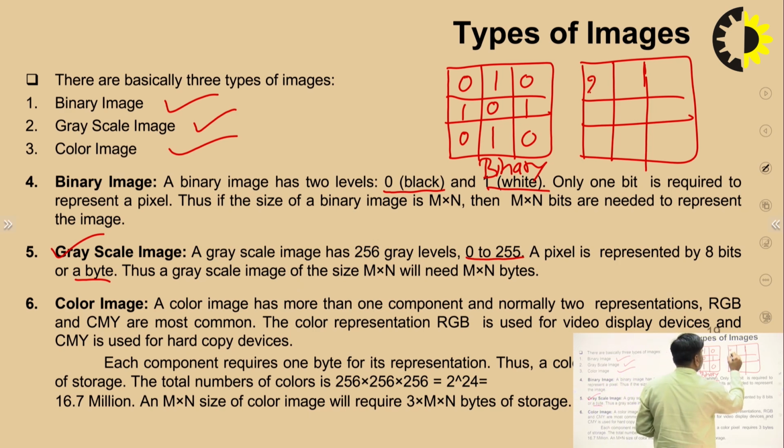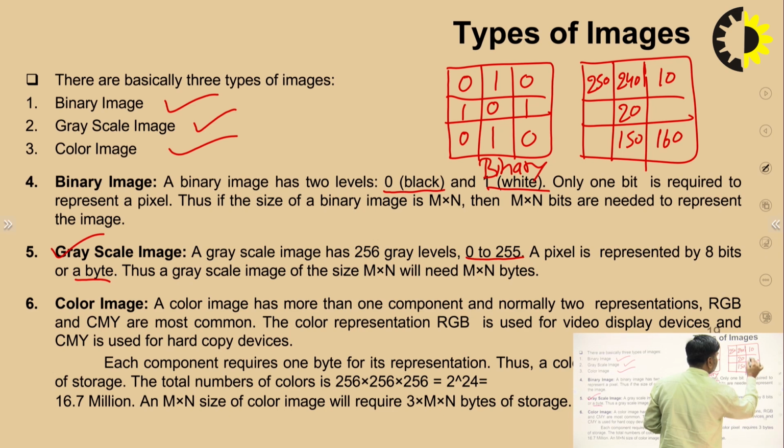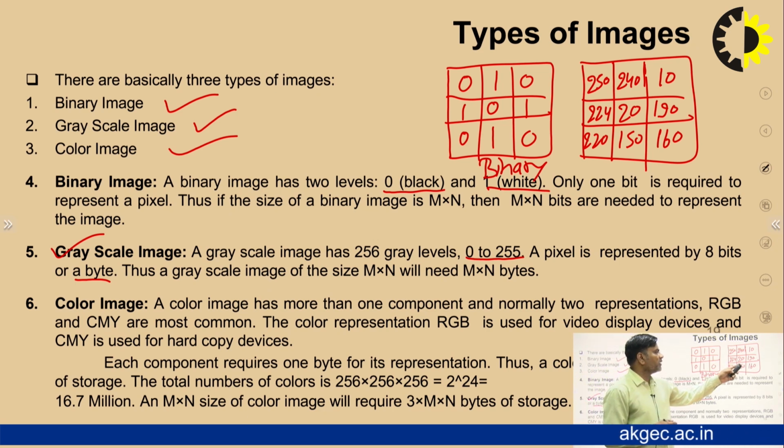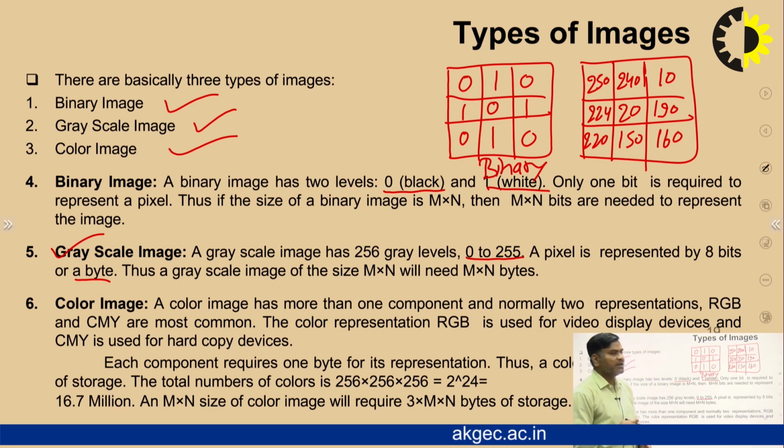Let's suppose this is 250, this is 240, this is 10, this is 20, this is 150, this is 160, this is 190, this is 224, this is 220. This is a grayscale image, and to store a particular pixel value or intensity, we need 8 bits.